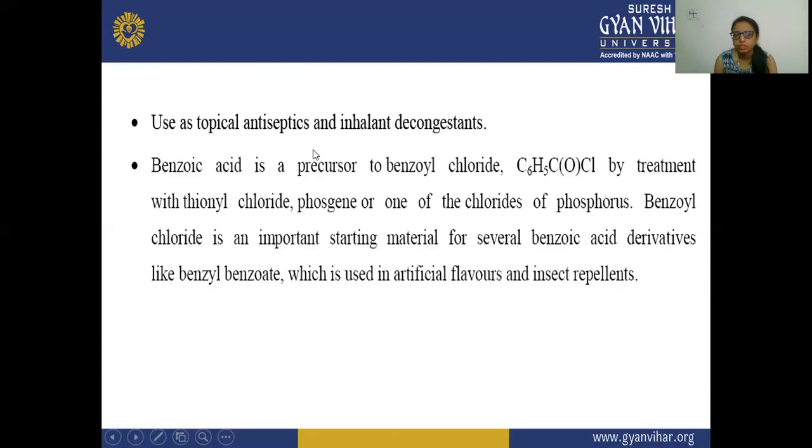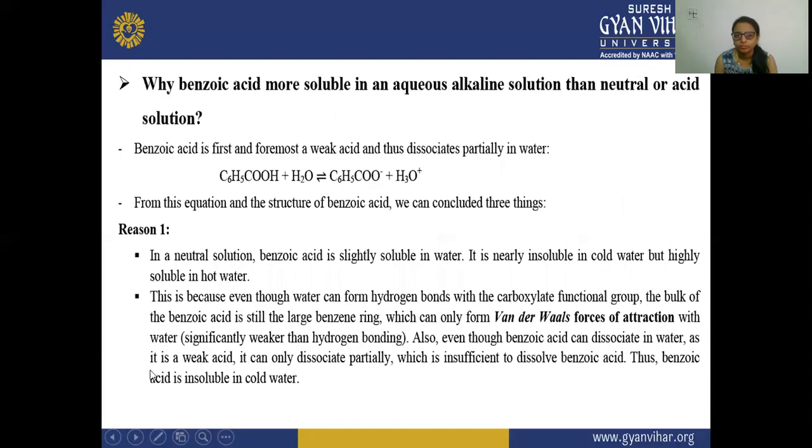Next, it is used as a topical antiseptic and inhalant decongestant, and benzoic acid is a precursor to benzoyl chloride, which is the starting material for various benzoic acid derivatives like benzyl benzoate, which is used as an artificial flavor and insect repellent.